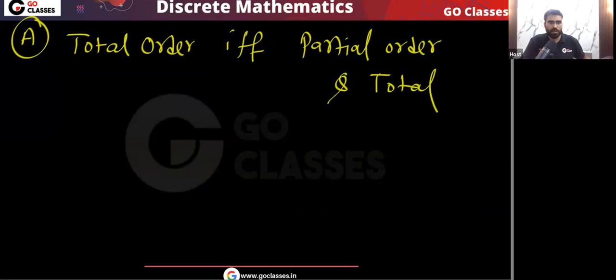Now remember one thing, what total means. Actually, total allows A related to B related to A. Total allows that. See what total allows and what partial order allows. Partial order is antisymmetric, right?